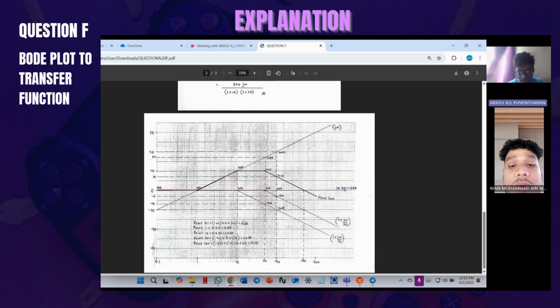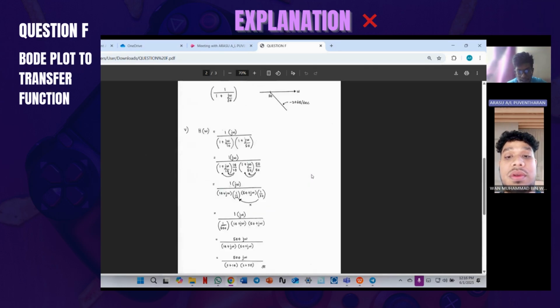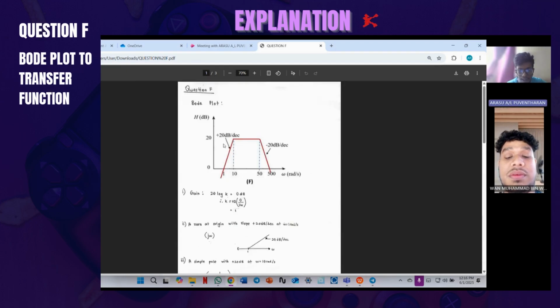So for each point the total dB, from that we can plot the final line. The final line from the Bode plot is the same as the one given in the question.